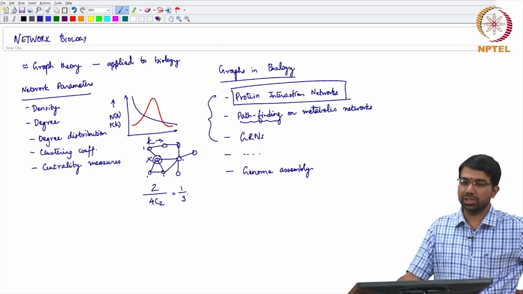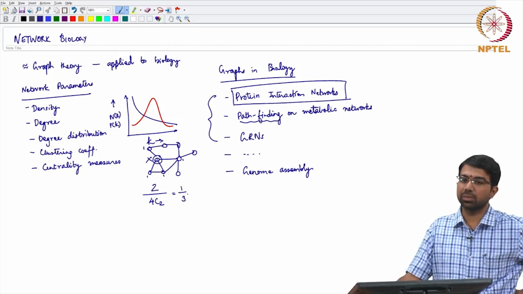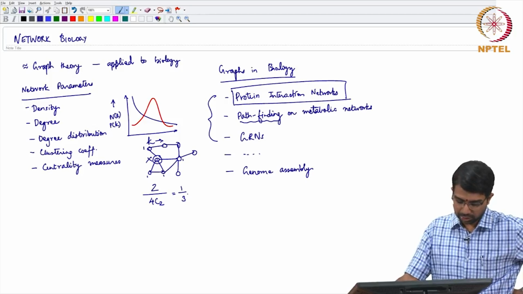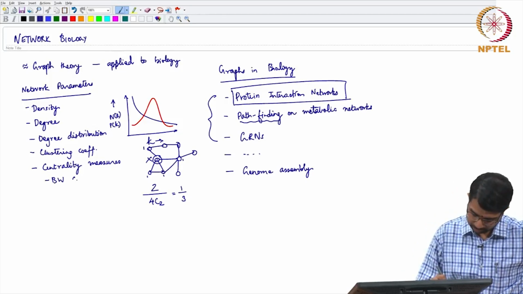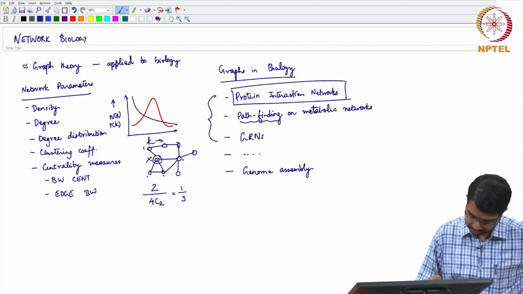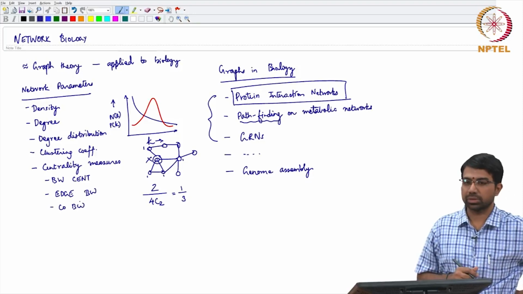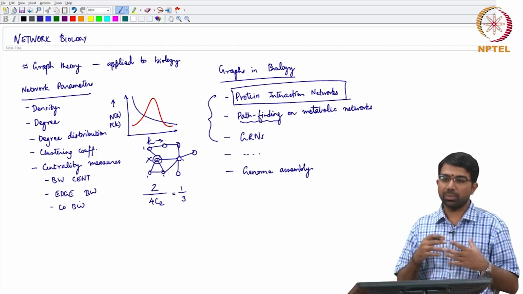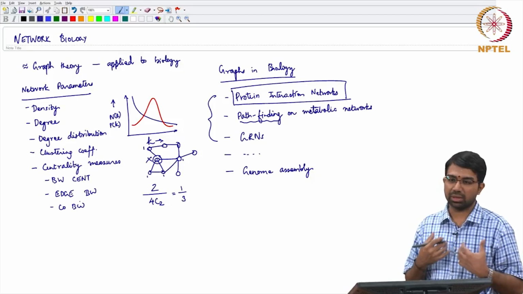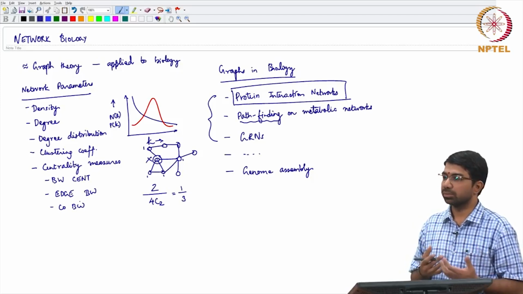And various centrality measures. Particularly important is betweenness centrality. We also looked at edge betweenness and co-betweenness. These are other useful concepts. So, these are all the basic parameters that we can use to characterize a network.